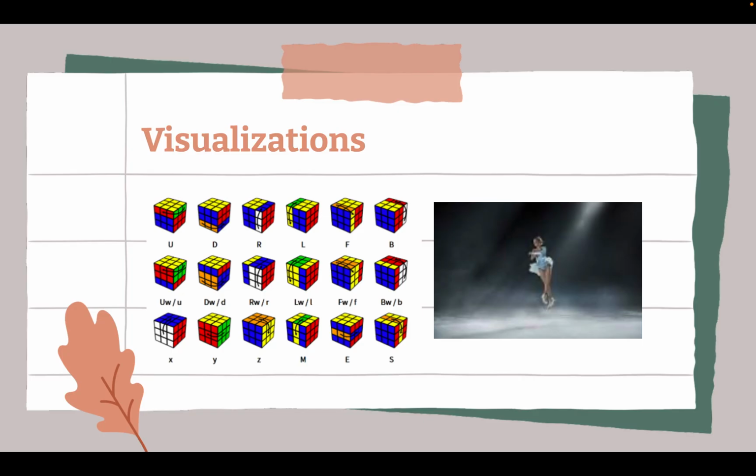Then there were some visualizations of this. The easiest for me would be the Rubik's Cube, because you can clearly rotate it one way and then rotate it the other way.